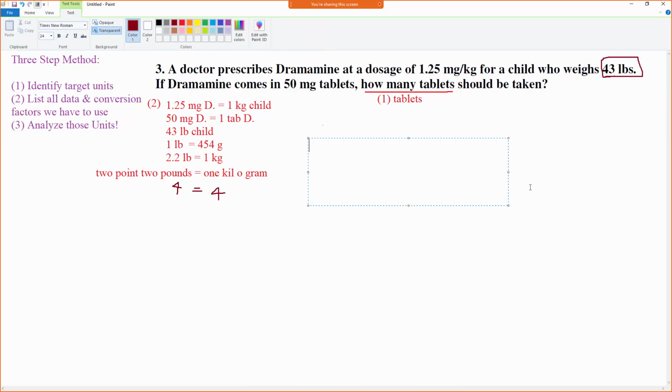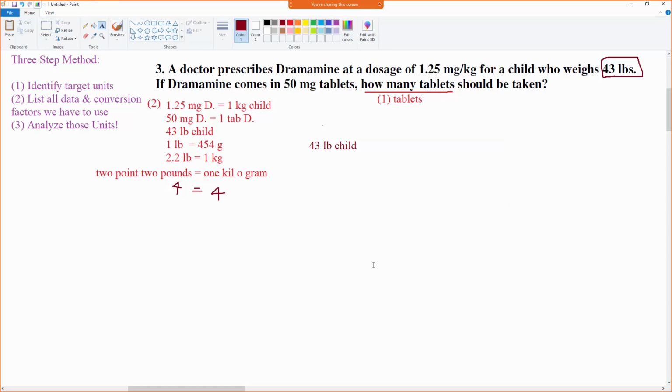43 pounds of child. Okay, what are we going to do with that? Convert to kilograms, excellent. All right, so how am I going to do that?